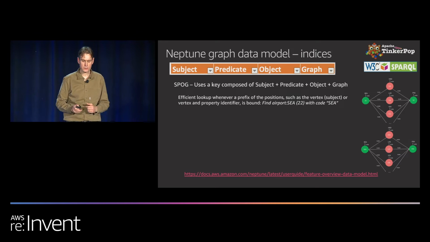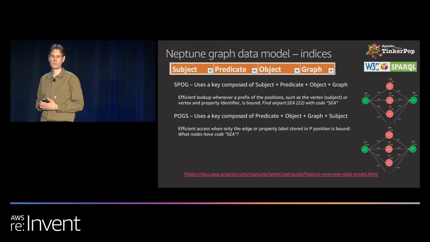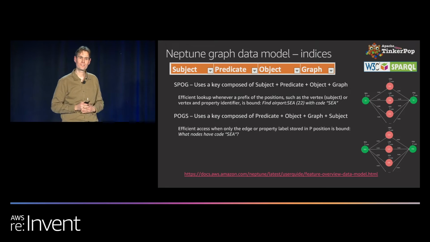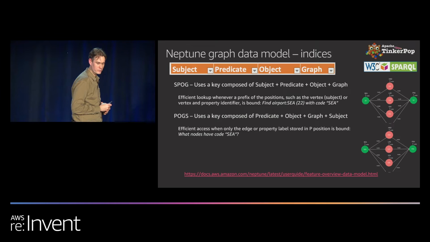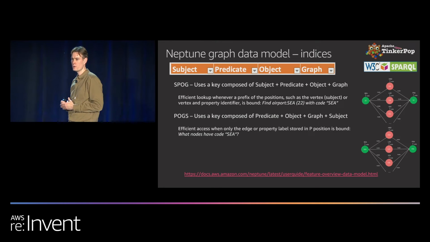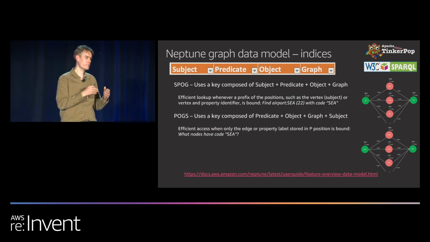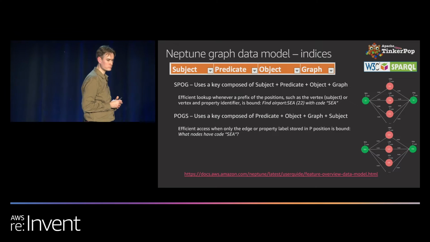The second index is the POGS index. As the name suggests, this is predicate, object, graph, and subject. And this gives you efficient access when you want to look up, for example, a particular property label or property type and a property value.